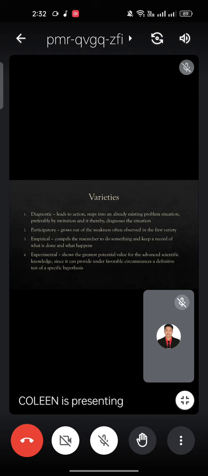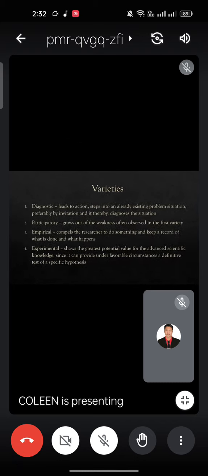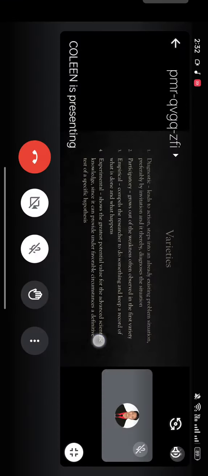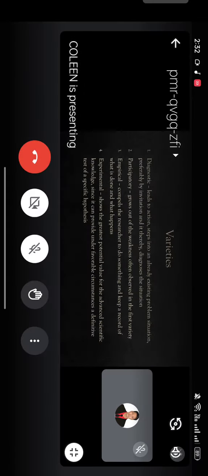Action research comes in different forms. It's a diagnostic because we identify the problem, we observe our society, we document what we observe, we also evaluate our condition or our situation. That's diagnostic.